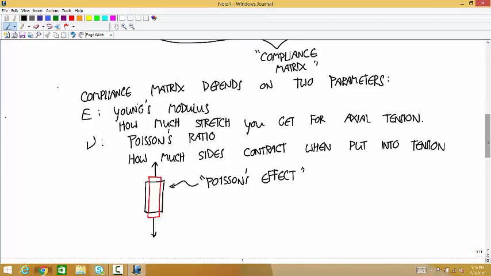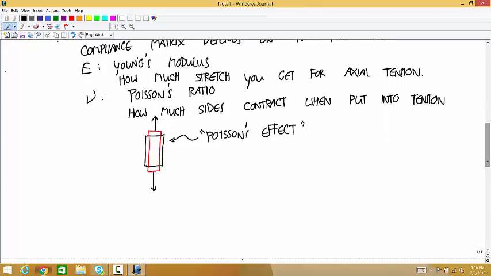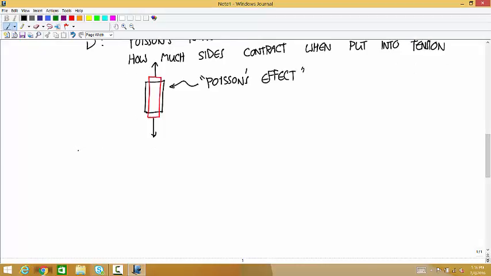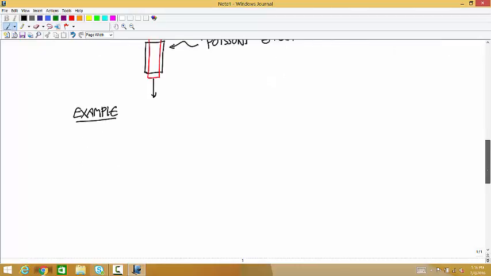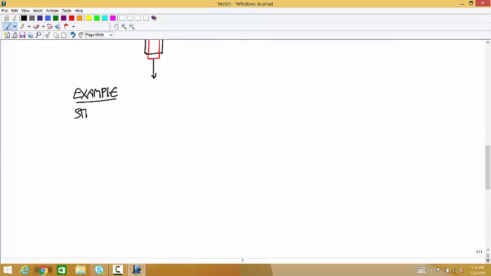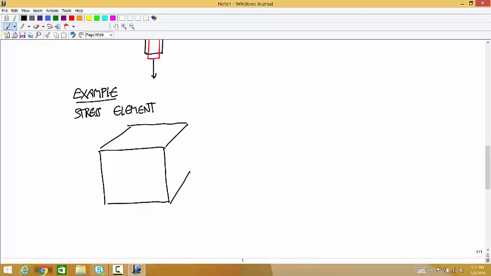Okay. So, for example, say that you have a stress element that looks like this.